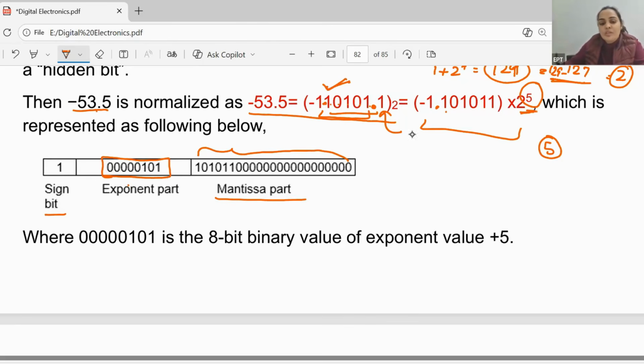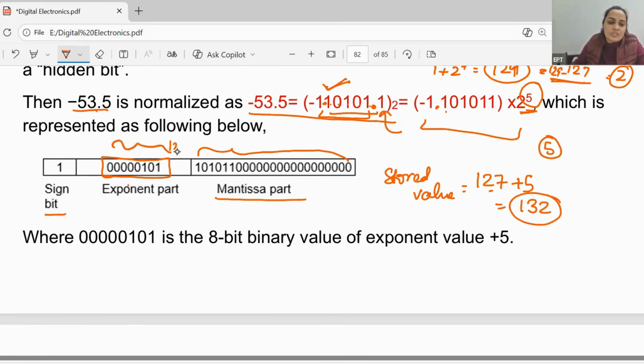This value is 5. So the stored value is going to be 127 plus 5. So this value is 130. Sorry, 132. So I will write 132 here. It is correct because we have three possible ways to represent this exponent. In the IEEE 754 standard, we use the bias representation method here. So how will I write 132 here? You will find the binary.